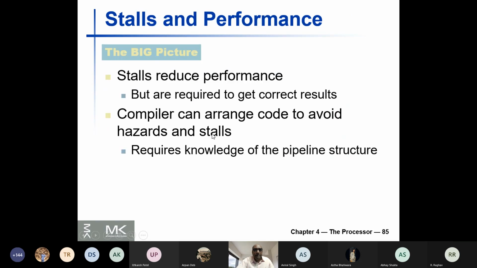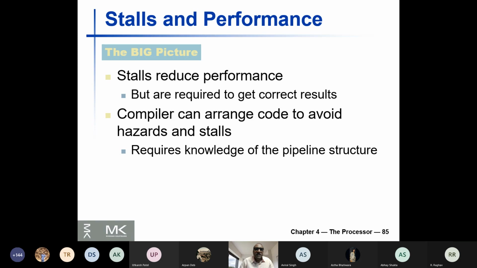Yes, and you can see that stalls will reduce the performance, as we have seen, because the pipeline will be stalled and some instructions will take one additional time slot for completion. Normally in a pipeline, each instruction takes only one time slot for completion with respect to overall throughput.